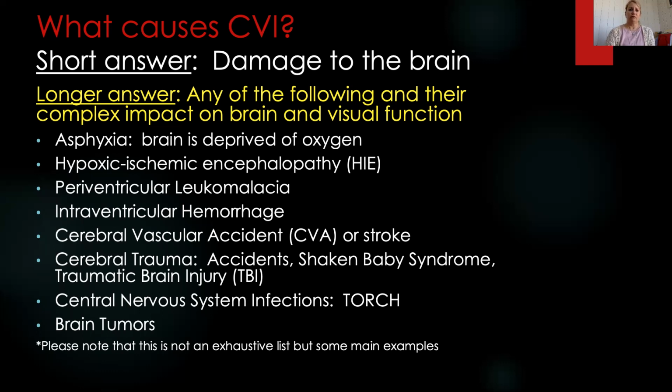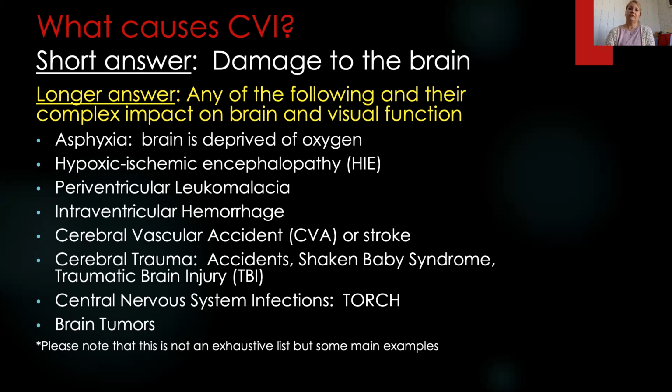Any kind of cerebral trauma, accidents, shaken baby syndrome, traumatic brain injury, recurrent concussions, central nervous system infections, otherwise known as TORCH. It just encompasses a bunch of different things that can happen to the brain through infections. We can also see encephalitis or meningitis, brain tumors.